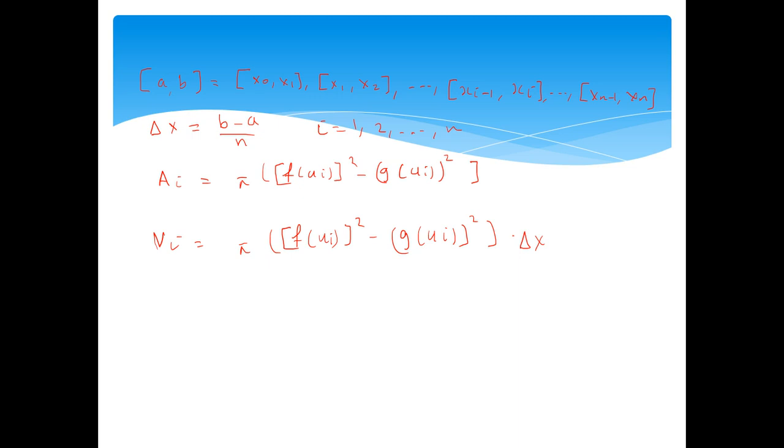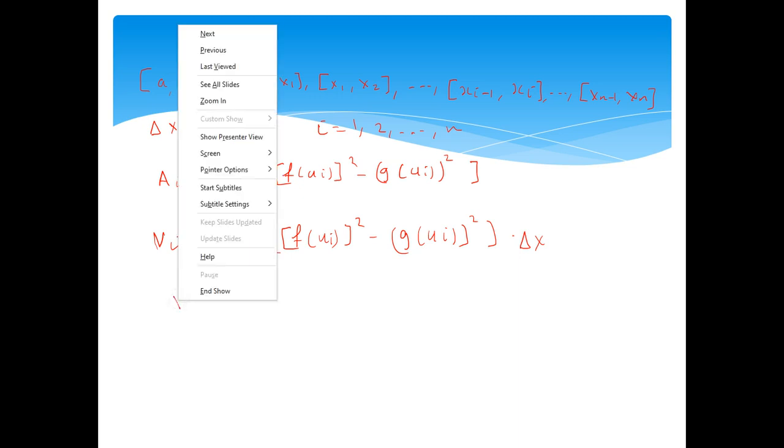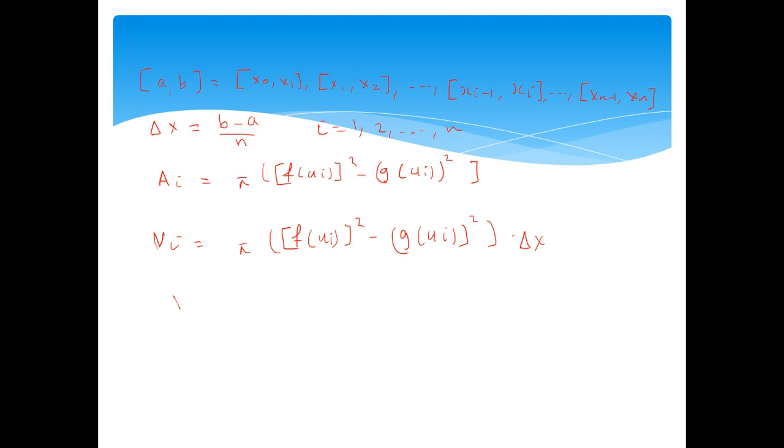And in order to find the overall volume, it's going to be approximately equal to the summation from i equals 1 all the way to n of V sub i. In order to find the exact volume, we're going to take the limit as n goes to infinity of that expression.